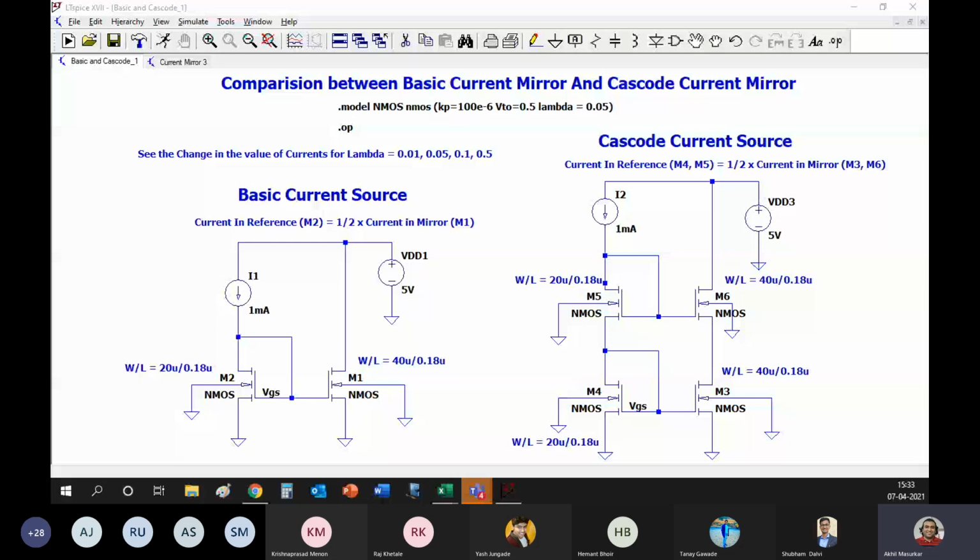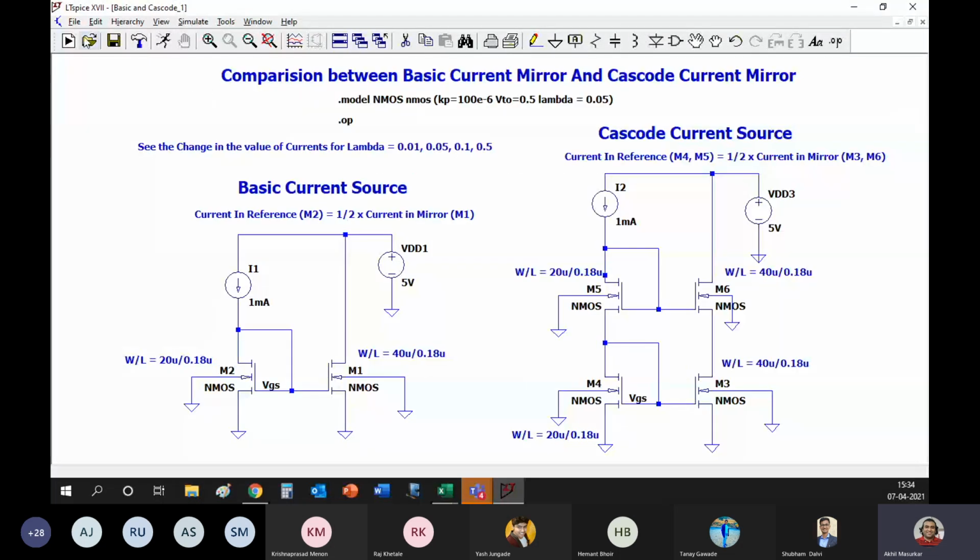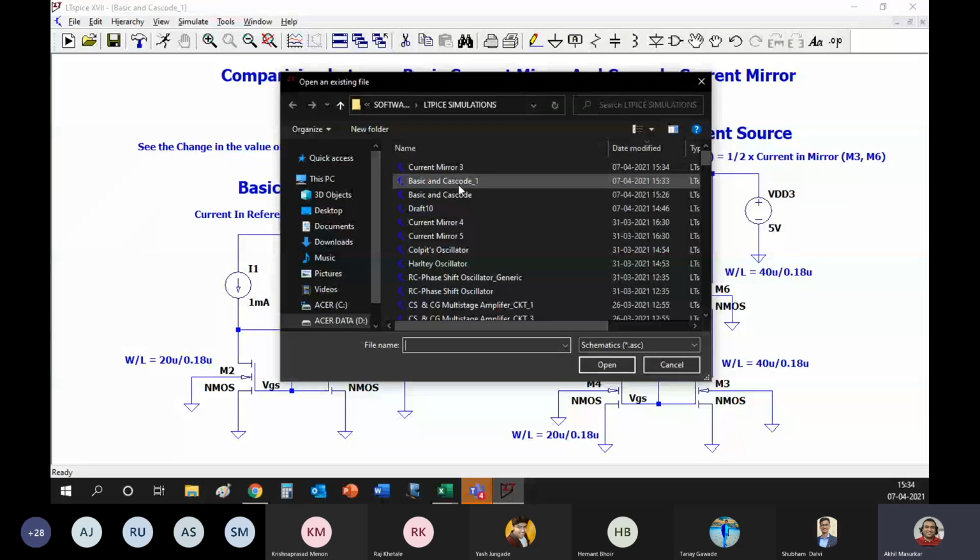So I am just making the third circuit now. I'm just saving it as some circuit.